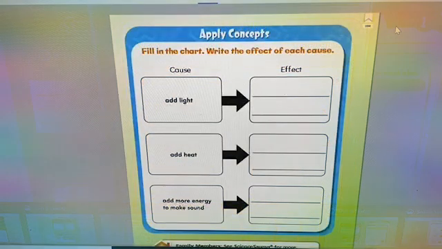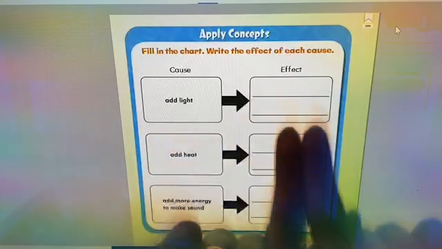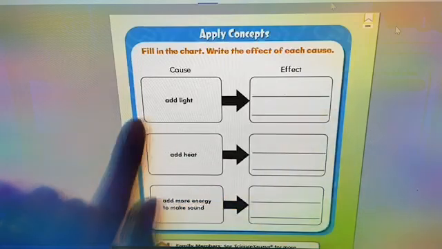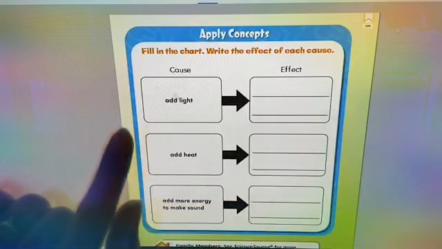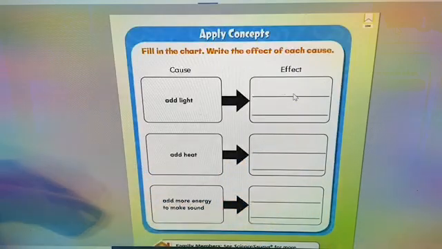Fill in the chart, write the effect of each cause. So this is because this happened, this. I want you to tell me the effect. When you add light, what happened? When you add light, you can give more than one answer.